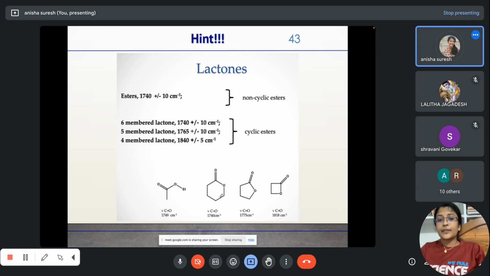For a 5-membered lactone, around 1765 plus or minus 10; here it is about 1775. For a 4-membered lactone, around 1840 plus or minus 5; here it is about 1818 centimeter inverse.